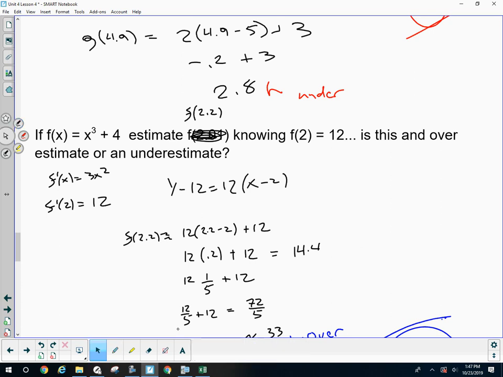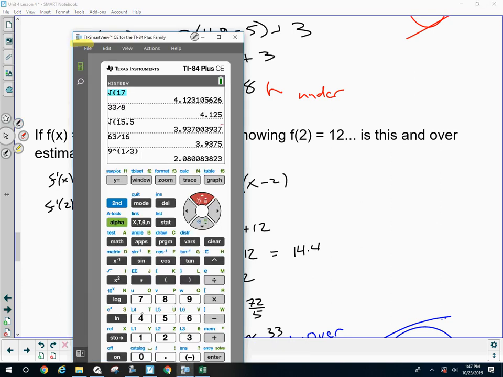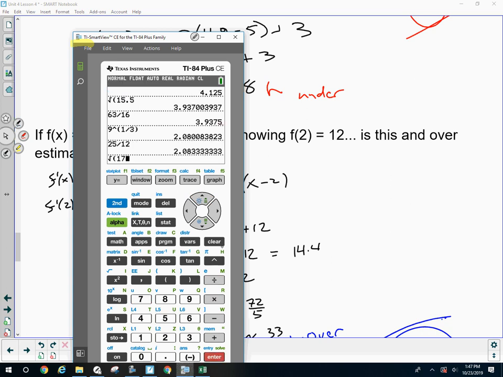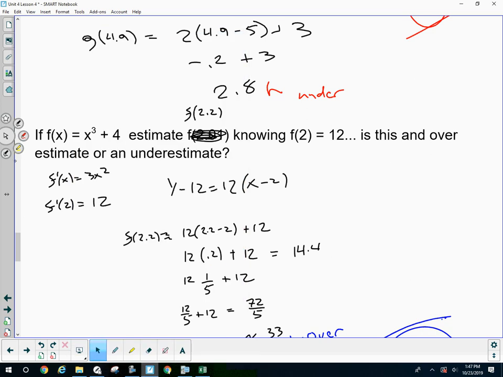Okay, 72/5 is the same as 14.4. Great. We already know how to do that. That's great. Over or under?